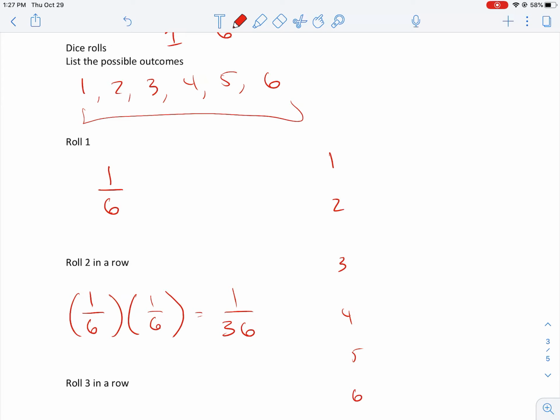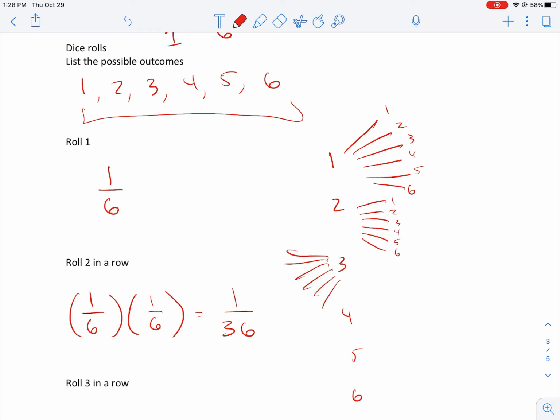If I rolled a 1 once, and I went to roll again, I'd have 1, 2, 3, 4, 5, 6. 6 outcomes here, 6 outcomes there, and so on.